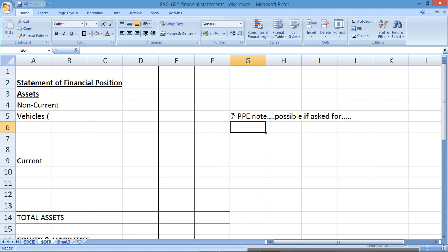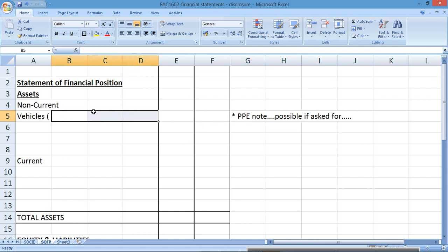If they ask you for the note, make sure you remember what the note looks like from 1502. Okay, so when I send you the pack, I'll make sure I do it today, so at least you have something that you can reference when doing the rest of the assignment for next week. Okay, so PPE is what? Property, plant and equipment. Correct.